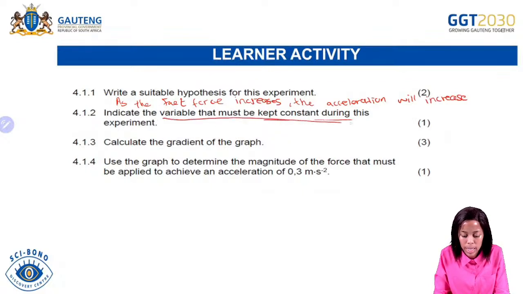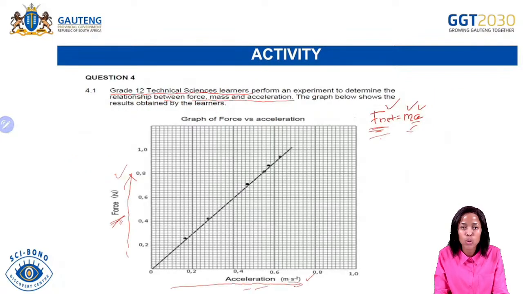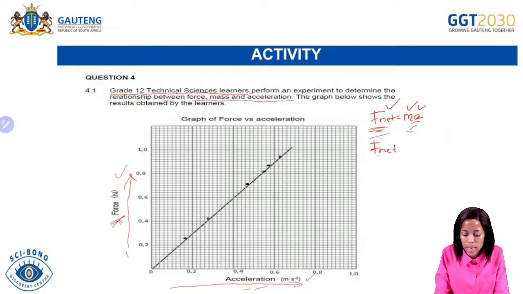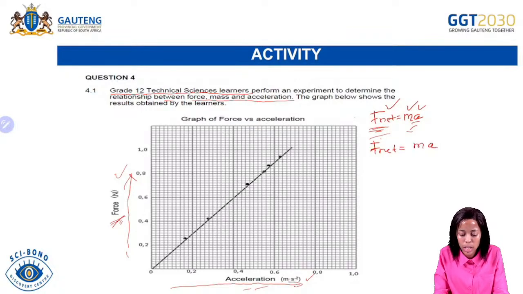So what is it that you are going to keep constant? What is it that is not going to change as you perform the experiment? According to Newton's second law, we only have three variables. We have the net force, which is already there on the graph, and we also have the acceleration.